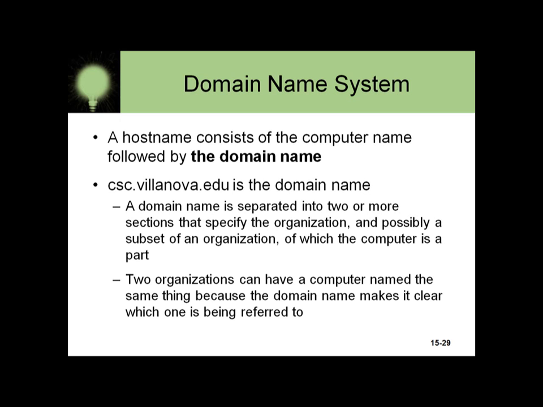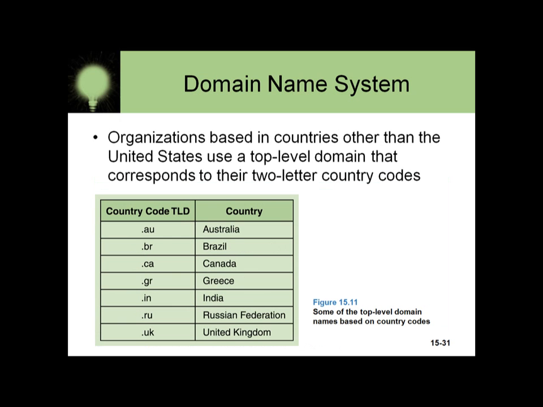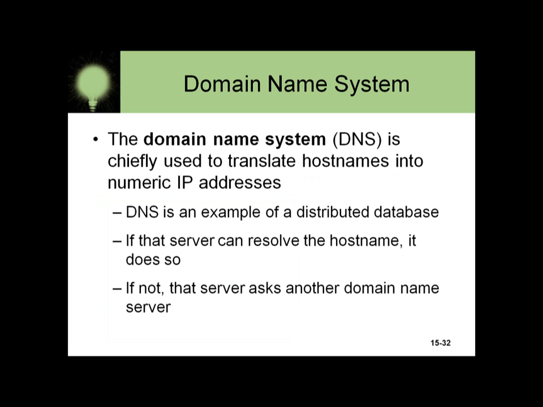Two organizations can have a computer named the same thing because the domain name makes it clear which one is being referred to. Organizations based in countries other than the United States use a top-level domain that corresponds to their two-letter country codes.